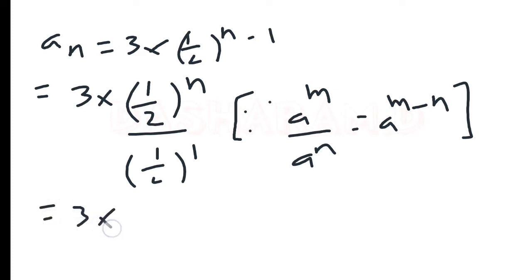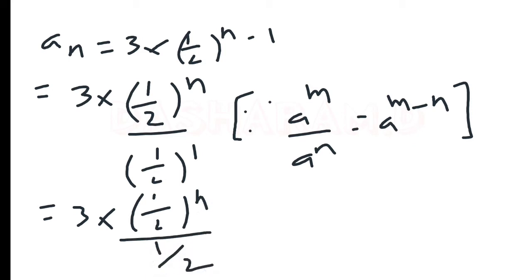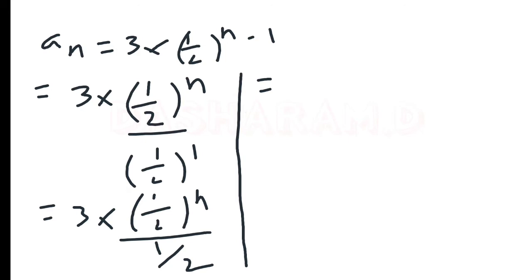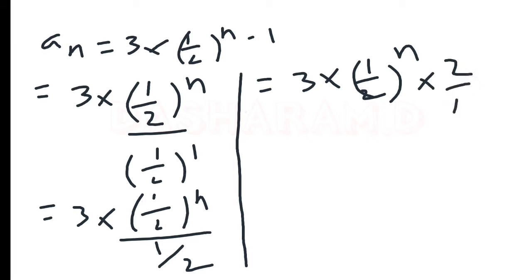So it equals 3 into 1 by 2 whole power n divided by 1 by 2, since 1 by 2 whole power 1 is just 1 by 2. Now 1 by 2 becomes reversed, so 2 by 1, and 3 twos are 6 into 1 by 2 whole power n.